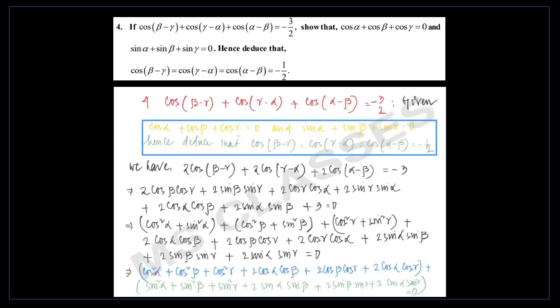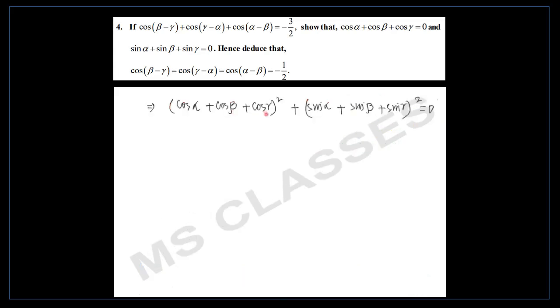Just we have applied the formula of a plus b plus c whole square. Here we had a square plus b square plus c square plus 2ab plus 2bc plus 2ac. Here also the same. That gives us a plus b plus c whole square. When the sum of the two squares is 0, then each part is 0.